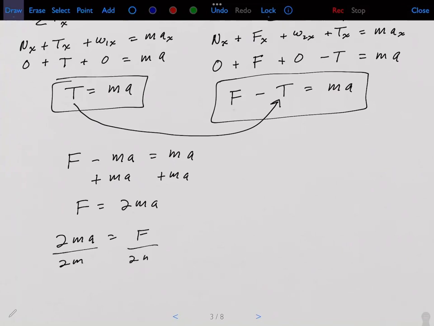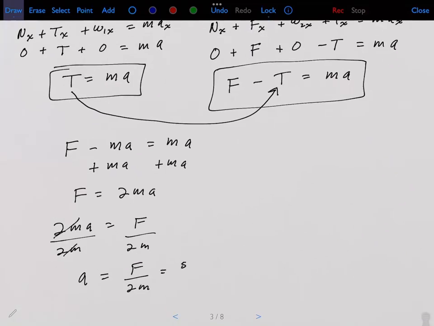Whatever you do to one side, you have to do to the other side, so that cancels. And I get a is equal to F over 2m. And now I can plug in, because I know my force is 500 and I know the m is 20. So the acceleration of that system must be 12.5 meters per second squared.